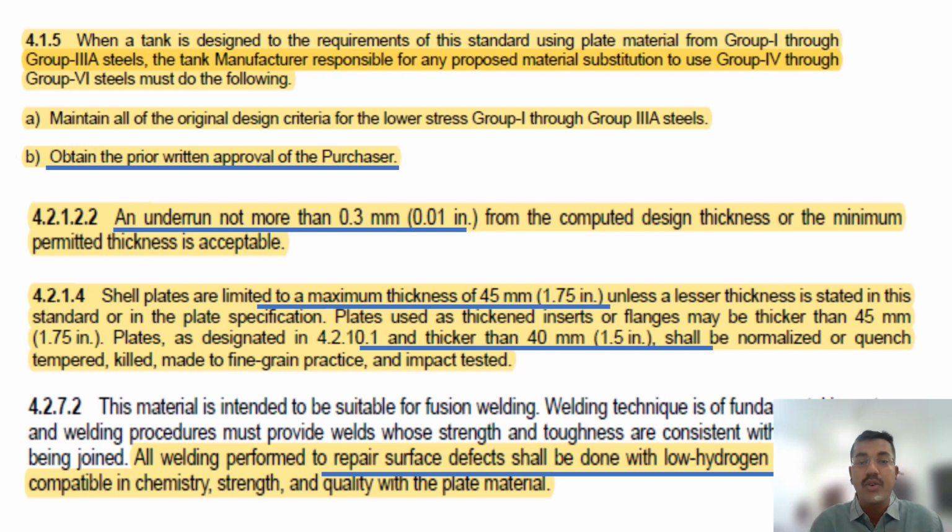Okay, it is group 1 to 6. It is not P number 1, 2, 3, 4, not like that. It is group number 1 to 6. Usually what happens? Group 1 to group 3A, they consider low grade, and group 4 to group 6, they consider high grade. I will show the group details and everything further.